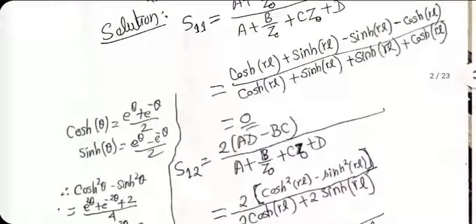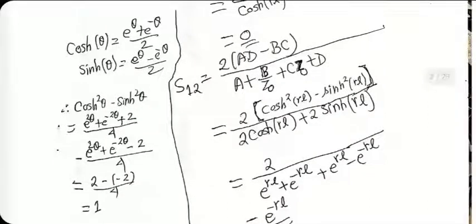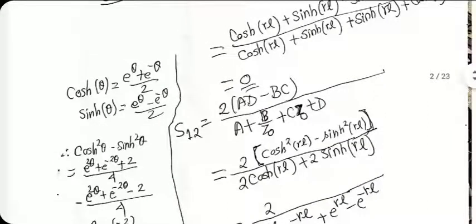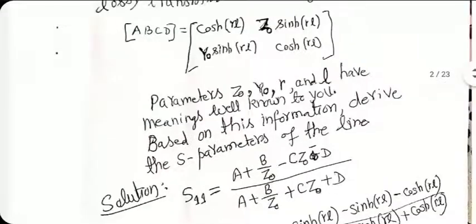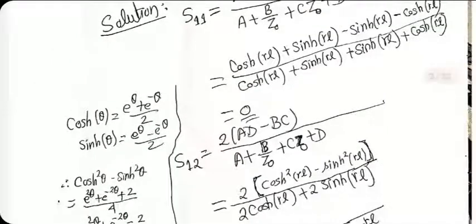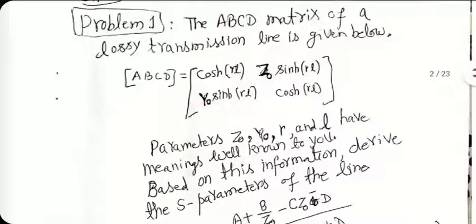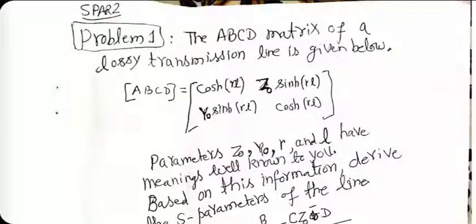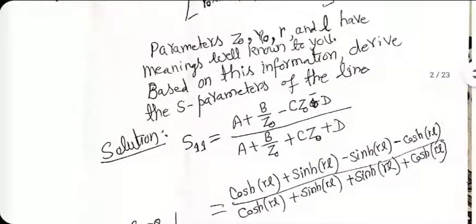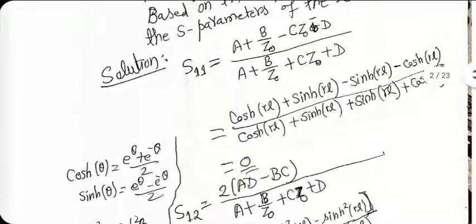Actually, I have shown this again here that AD is cosh gamma L multiplied by cosh gamma L, which is cosh squared gamma L, and BC is Z0 Y0 sinh squared gamma L. So Z0 Y0 becomes 1. So what you get is cosh squared gamma L minus sinh squared gamma L.